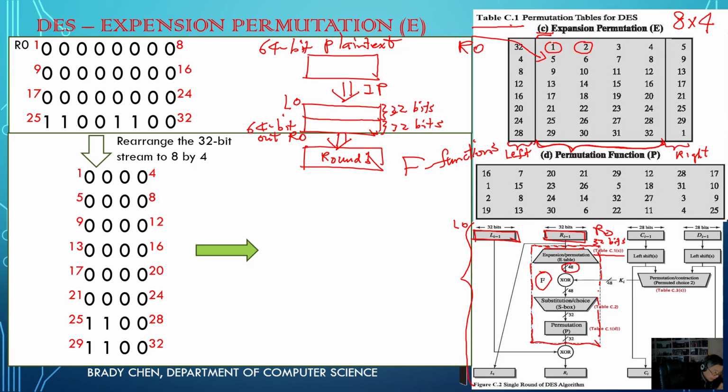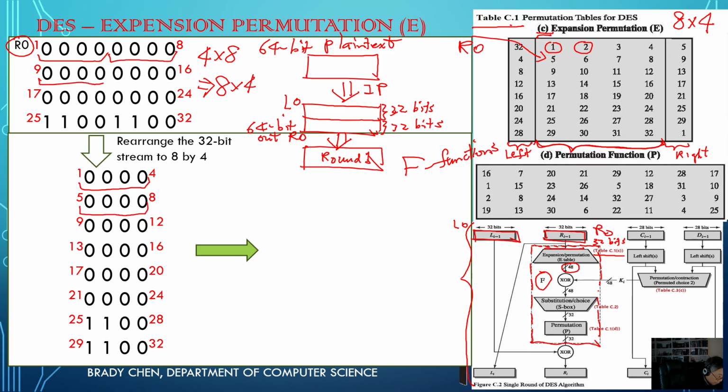Now, in order to use the expansion permutation table, we have to reorganize the original R0 from 4 rows and 8 columns into 8 rows and 4 columns. This is a very simple process. The first 4 bits become the first row. The second 4 bits in the first row become the second row.